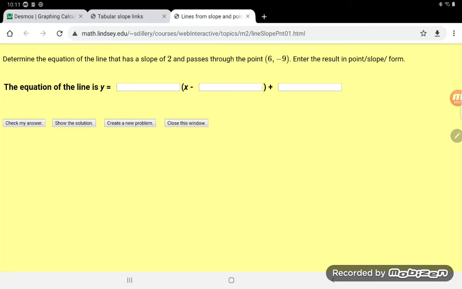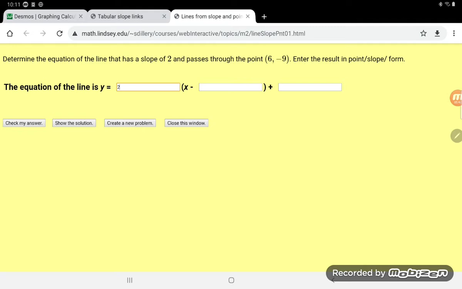Third one. So here it says determine the equation of a line that has a slope of 2 and passes through the point (6, -9) in point slope form. Oh, there's a little extra slash there. Sorry about that. So point slope form, I need a slope here.